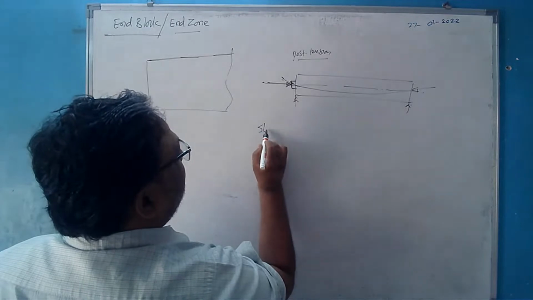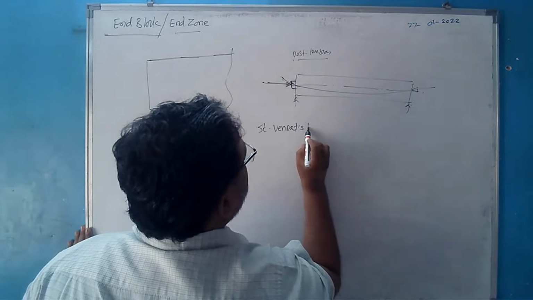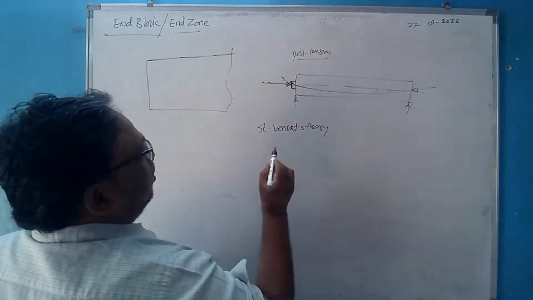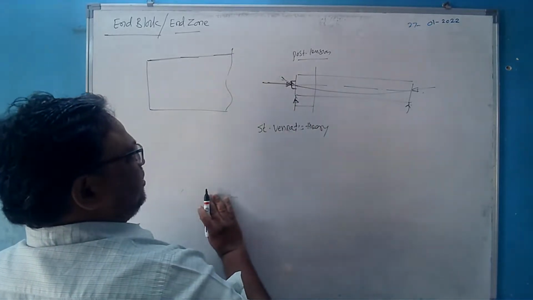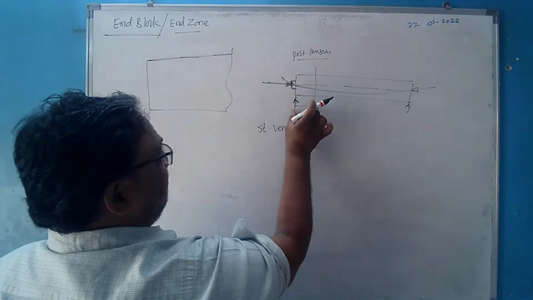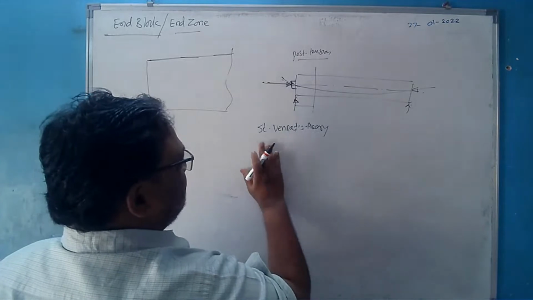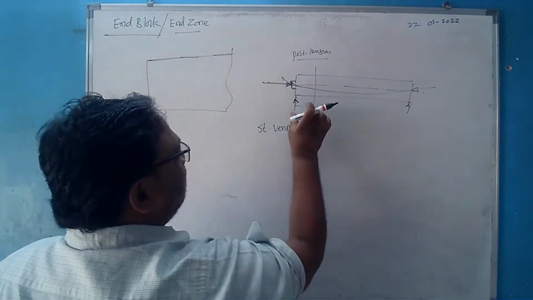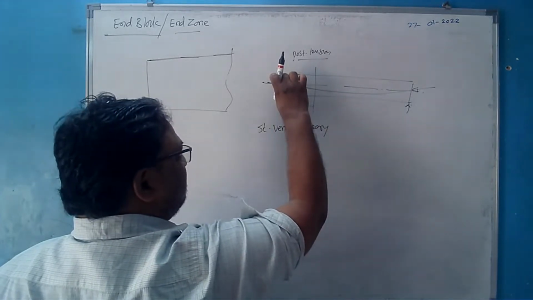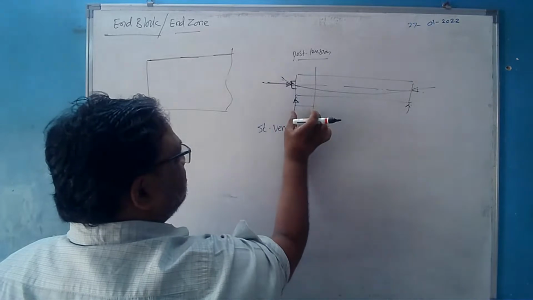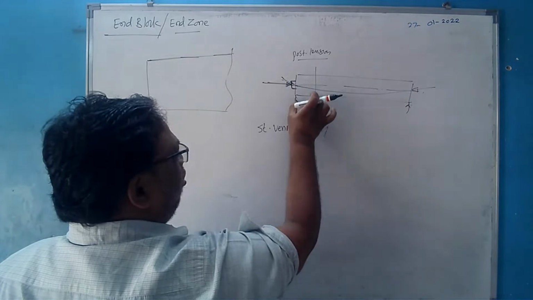Then as per the Saint Venant theory, for certain distance near the support where the concentrated force is acting, where the cable is anchored, the stresses are very complex and three-dimensional in nature. This part is called the end block or the end zone.